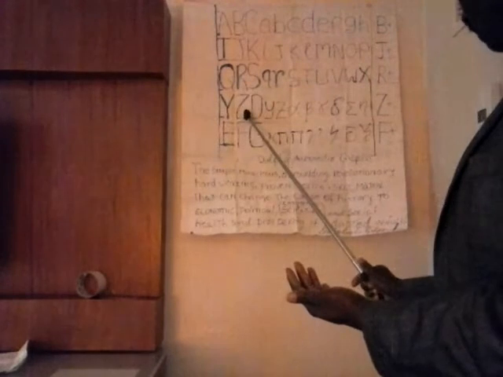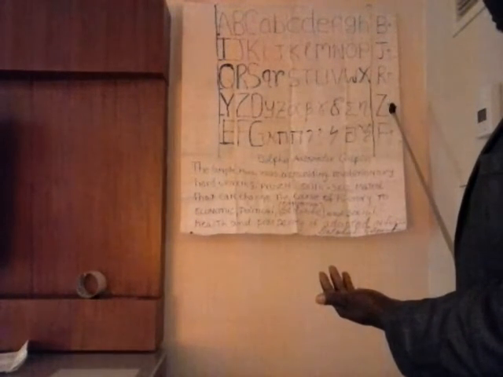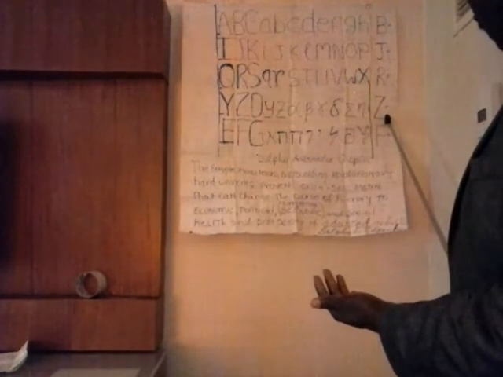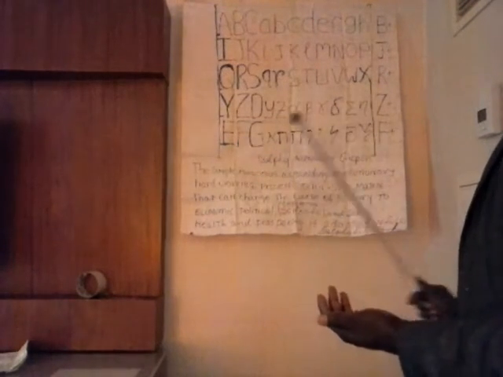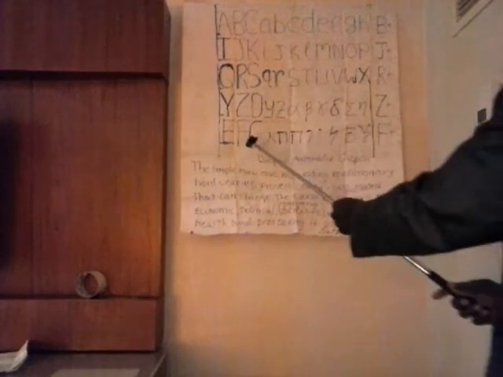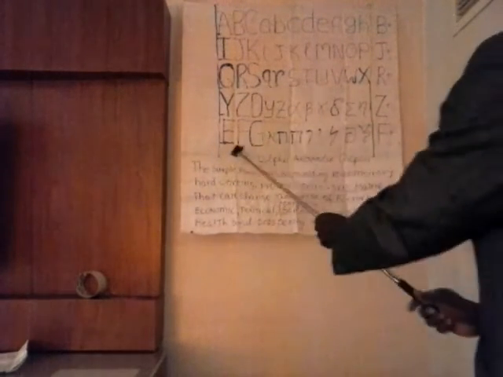YZD takes the mid, Z. And the EFG takes the mid, FF, the mid of this.